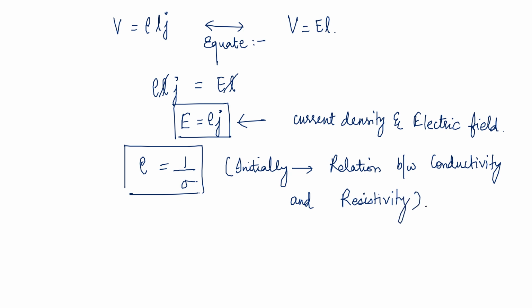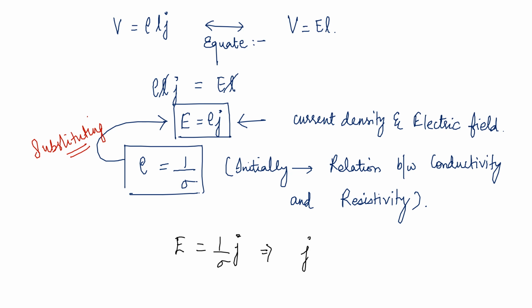So we will substitute this in this equation to get the last formulated equation, that is E equals 1 upon sigma J, which will give us J equals sigma E. This is the formula for current density.